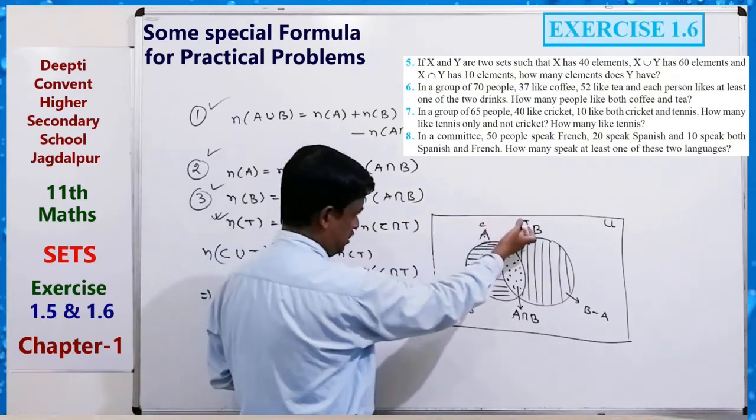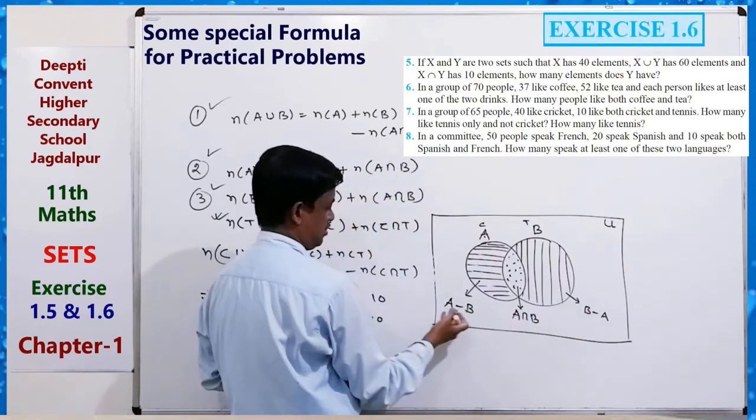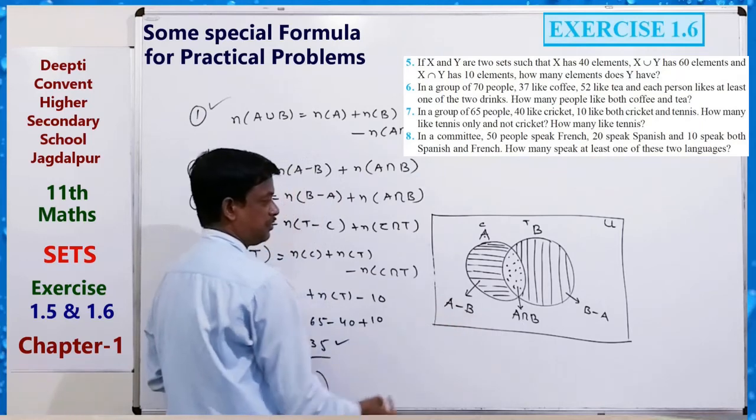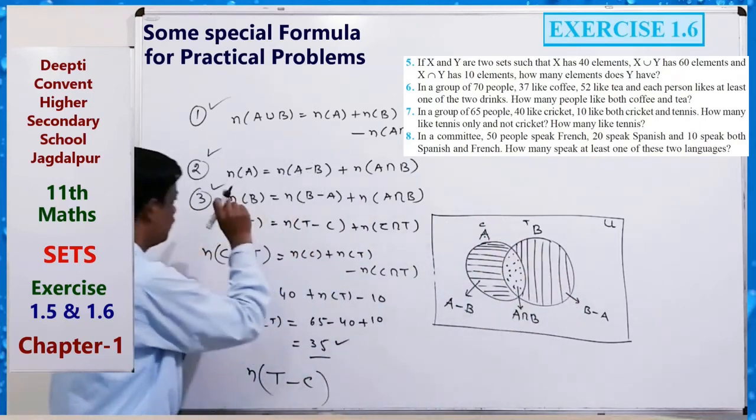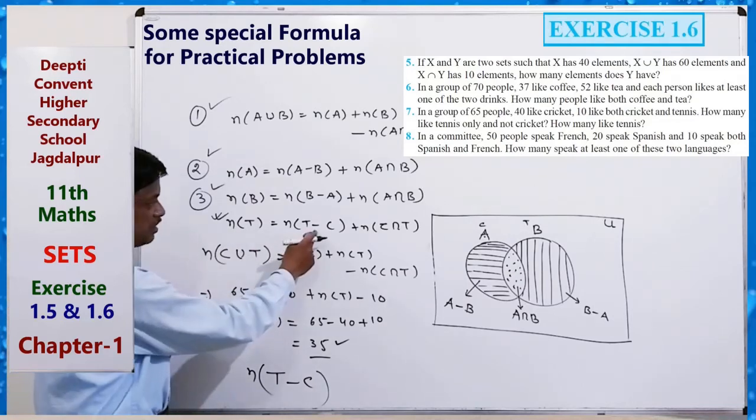Here this is T, this is C: T minus C, C intersection T, C minus T. By using this formula we can find N(T minus C).